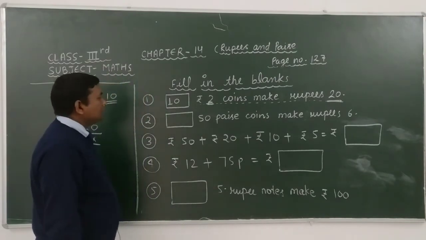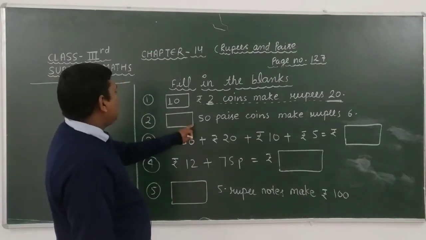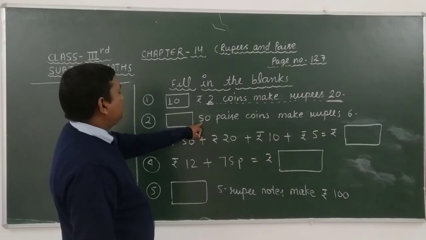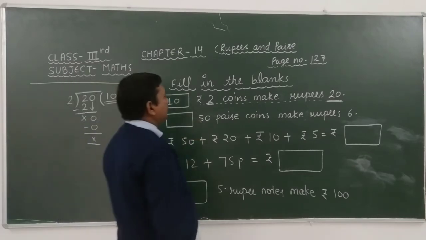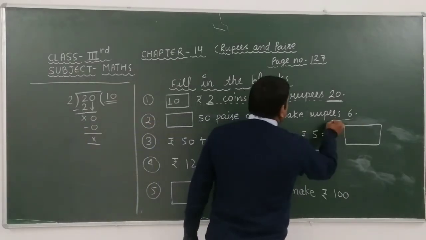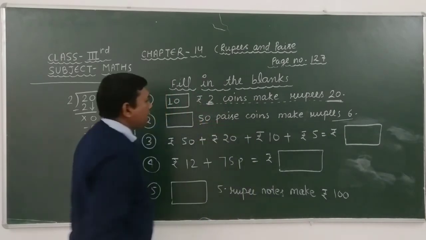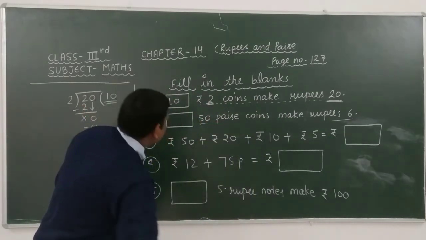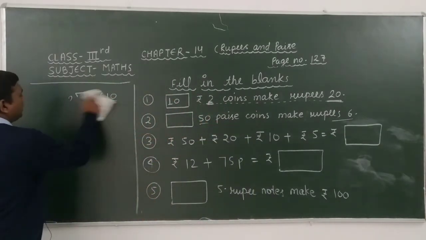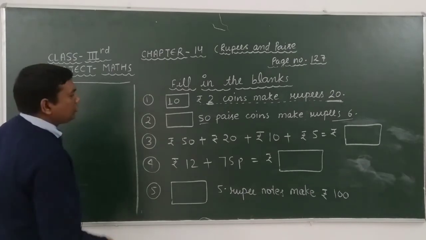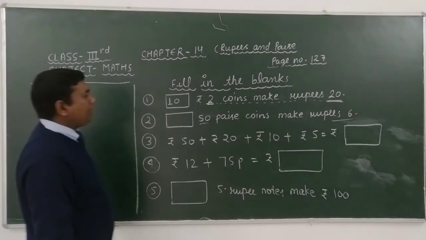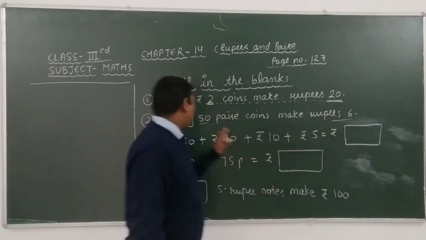Okay students. Similarly, here we have to divide 6 rupees by 50 paise, then we get the answer. We know that 6 rupees, firstly we have to convert rupees into paise.